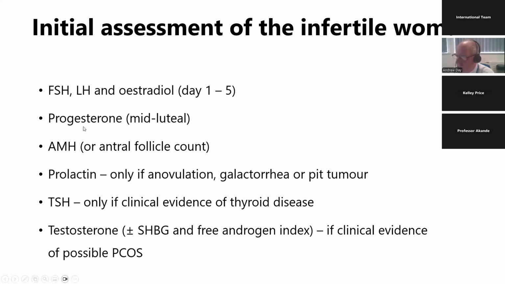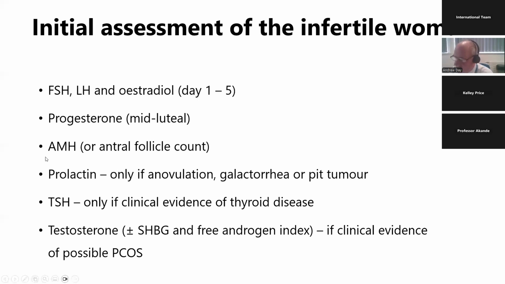We've talked about these tests: gonadotrophins, estradiol, progesterone, AMH or antral follicle count. NICE tends to be very, very miserly in the tests that it recommends, because in our National Health Service we have to constantly be saving money.